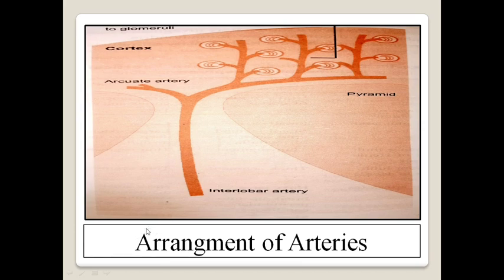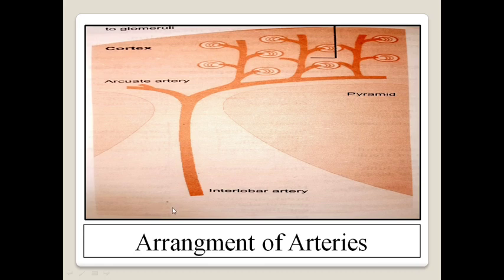Suppose here it is the hilum, then this renal artery enters into the hilum, and here in the hilum, this renal artery will divide into the lobular arteries. I am saying lobular arteries. Clear? So after entering from the hilum, this renal artery divides into the lobular arteries.